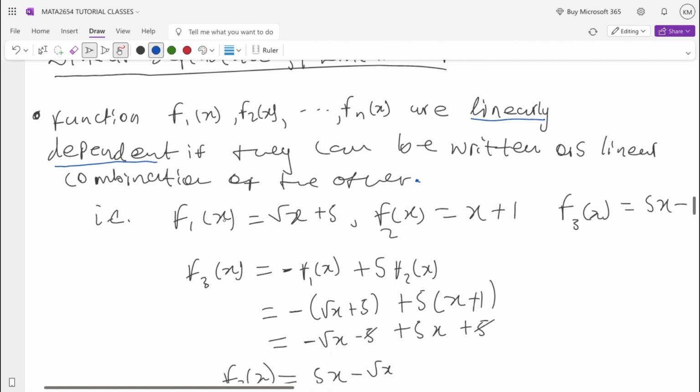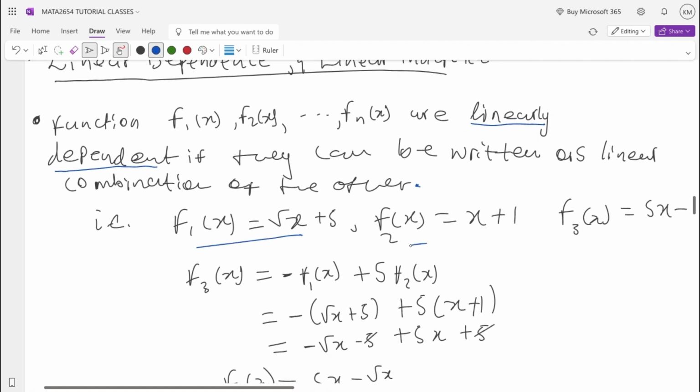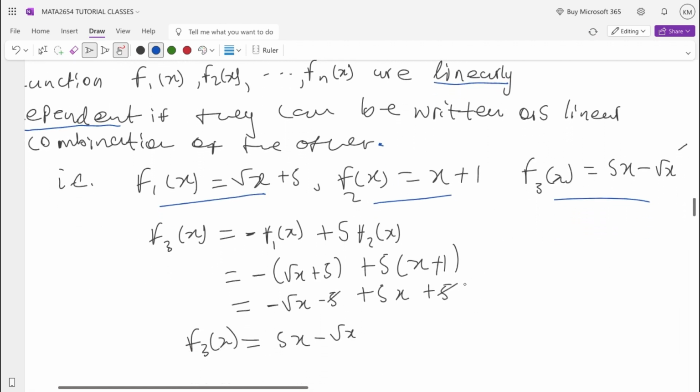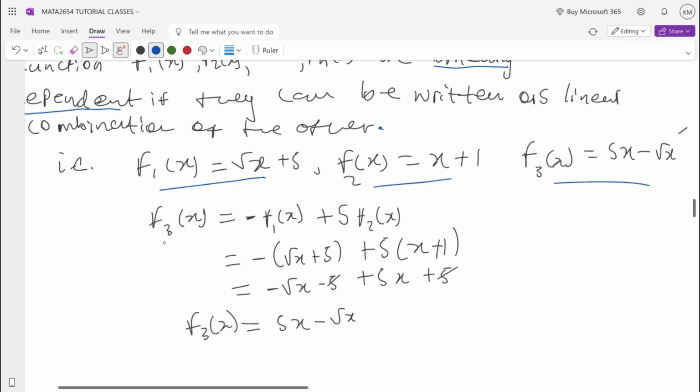So for example, we had this and that one, and we realized that f3 of x can be written as a linear combination of these other two functions. So that is the whole idea to say functions are linearly dependent.